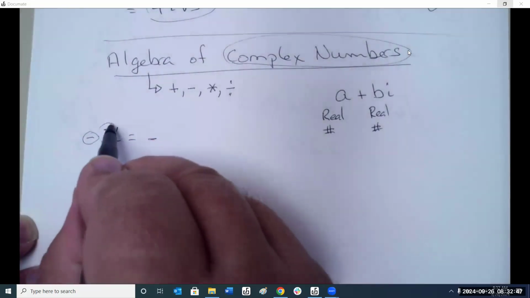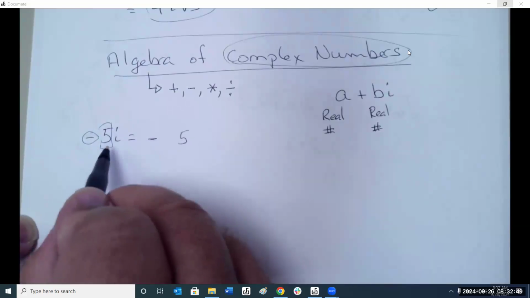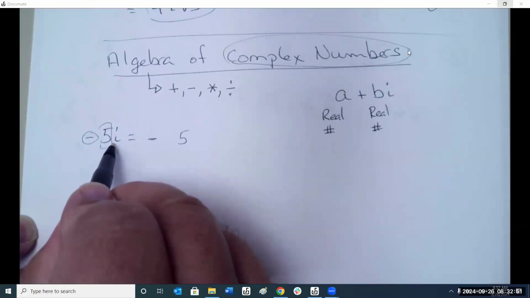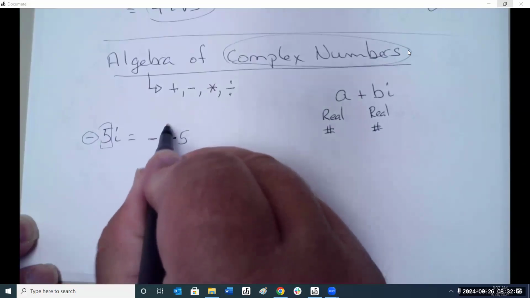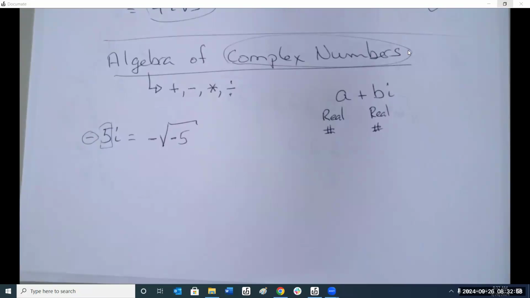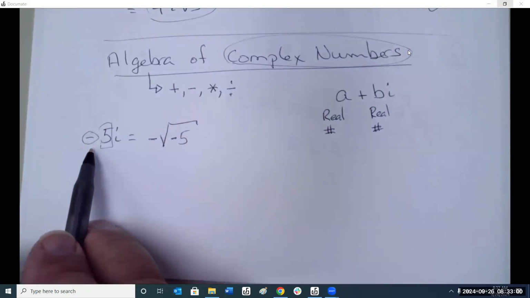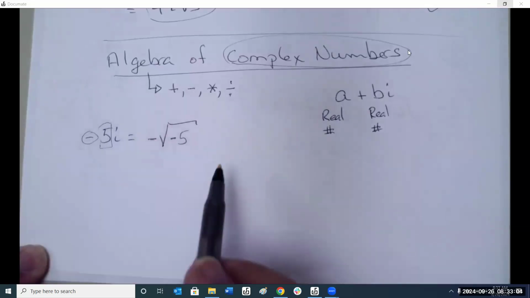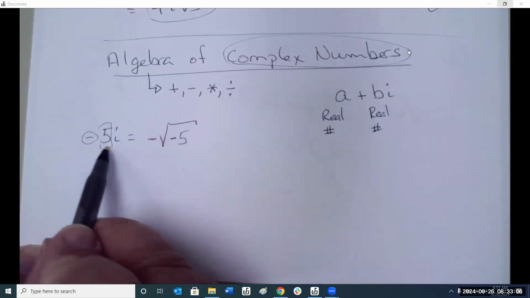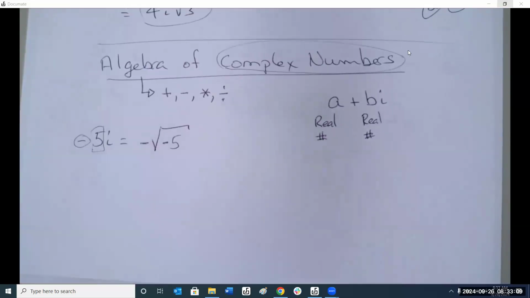There's got to be the number 5. What does i refer to? The negative inside the square root. So if I give you this, that's what it came from. And conversely, if I gave you this, that's what this means. You have to be able to convert them in both directions.